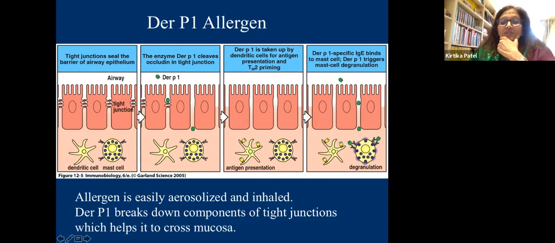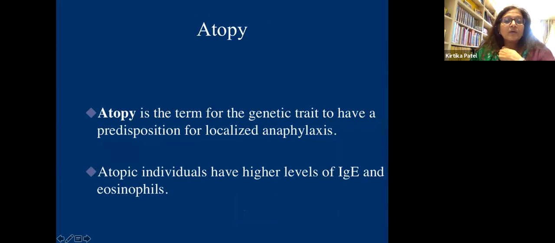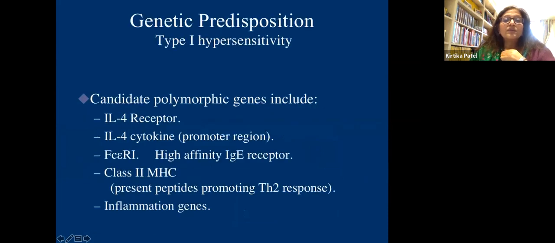We discussed atopy. You could have the genetic predisposition to type 1 because you might have a polymorphic gene to IL-4. Remember in the diagram, we said the first thing that is secreted is IL-4. I have another diagram now, which we'll go into.